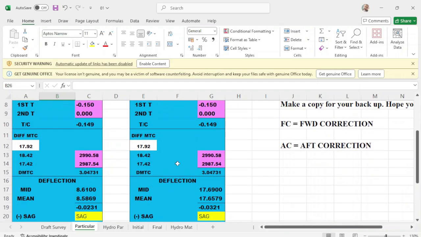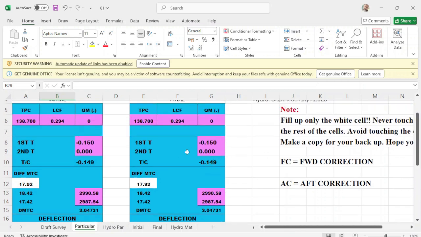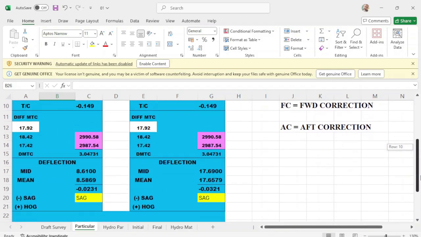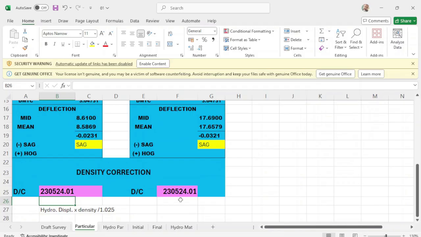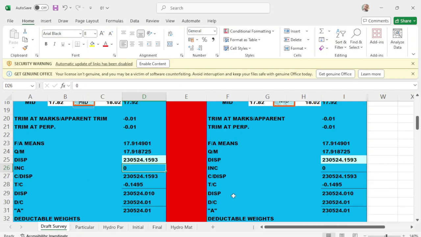So you will find the value here, and so with your trim correction is the same. Whatever your formula here is the same here. And also with your density correction. This one, the hydro displacement. Once you finish your TPC, trim correction, this will be hydrostatic displacement.